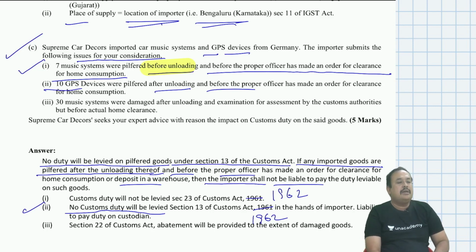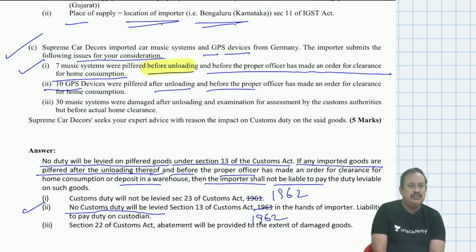No customs duty will be levied under Section 13 of the Customs Act, 1962, not 1961. Section 13 will apply in the given case.